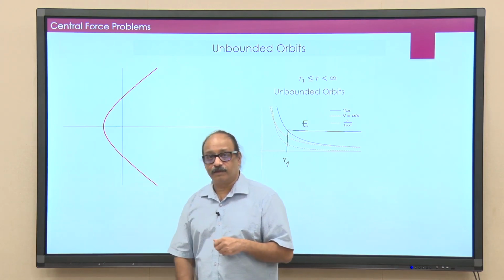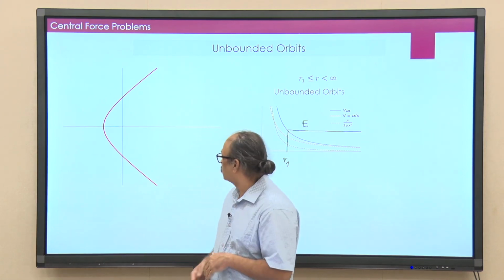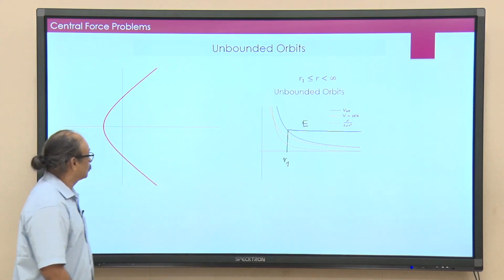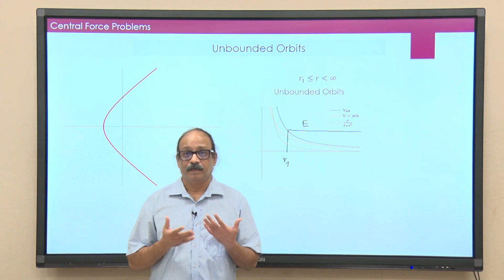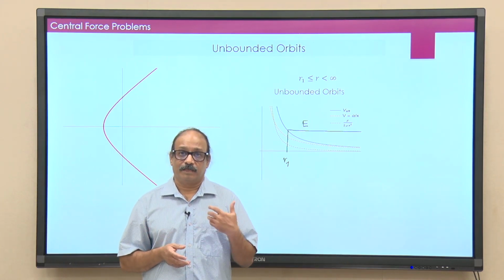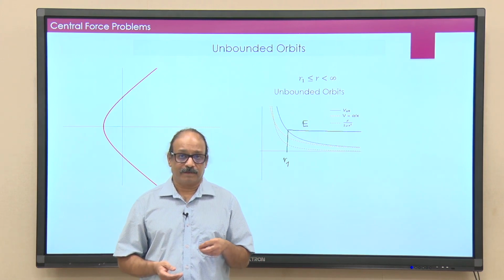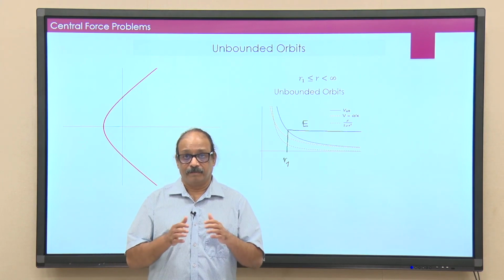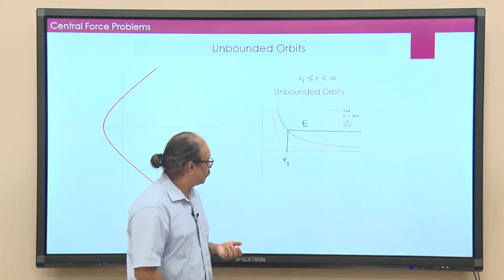For E equal to 0, this turns out to be a parabola. So, these are the kind of orbits that we could get. Basically, the classification of the orbits falls in two broad categories, bounded orbits and unbounded orbits. And then there is the question of which of these orbits are closed, especially for bounded orbits, and which are not, which is what we will do in the next class.